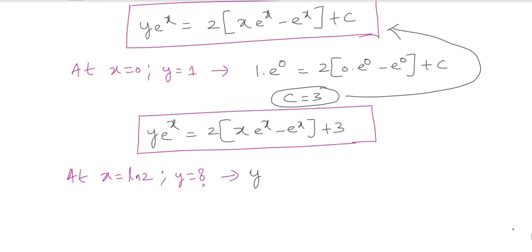So that is y into e to the power of ln 2, which is equal to 2 into (ln 2 times e^(ln 2) minus e^(ln 2)) plus 3. Am I correct or wrong?